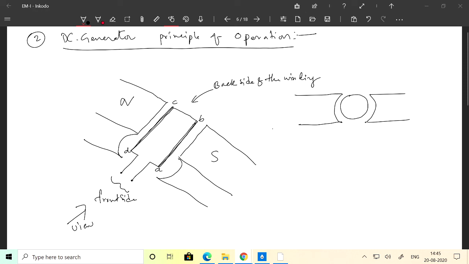Assume that this is a rotor, but I have shown only one coil here. This is the north pole and this is the south pole. The flux lines will enter into the rotor like this.